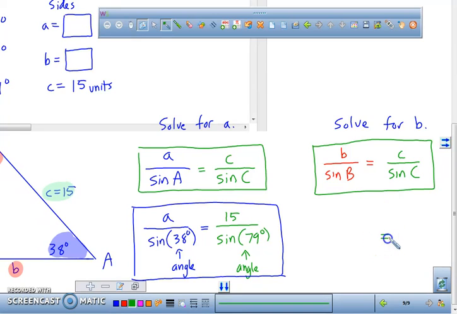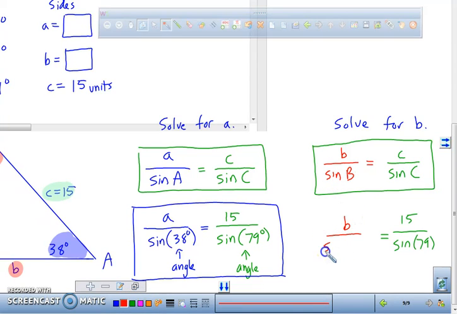So over here on the right side, I'm going to still put a 15 and the sine of 79, but on the left side, I'm going to put b over the sine, and what's the measure of our angle B? 63, right? Let's put 63 degrees. Put the little degree symbol right there for the second.